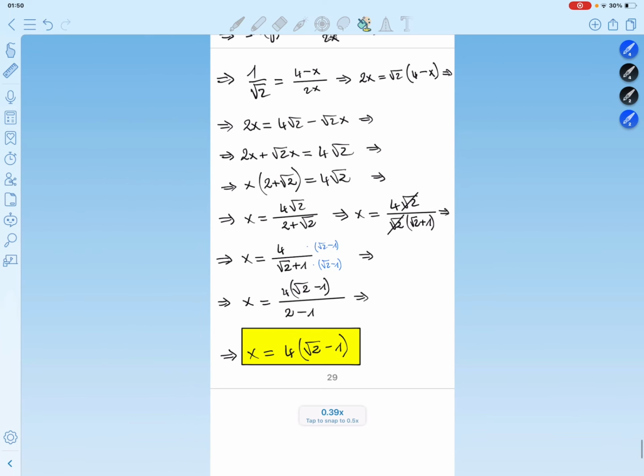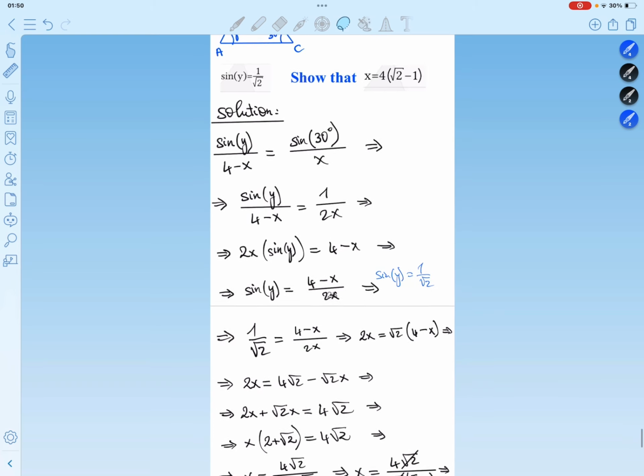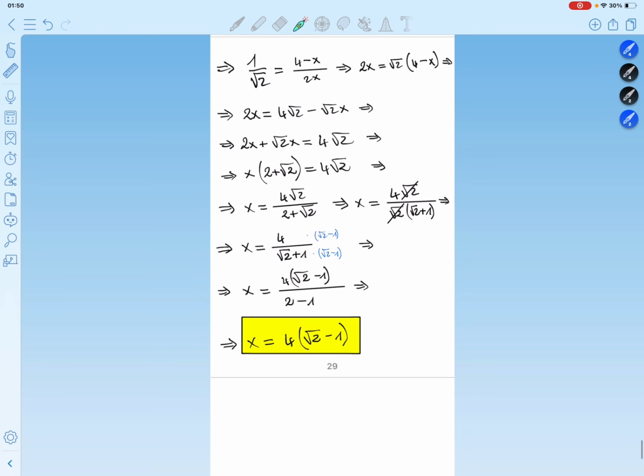So we have shown that x is equal to 4 times root 2 minus 1.